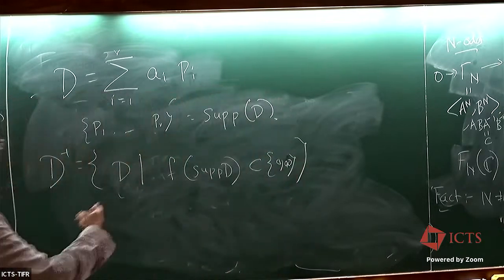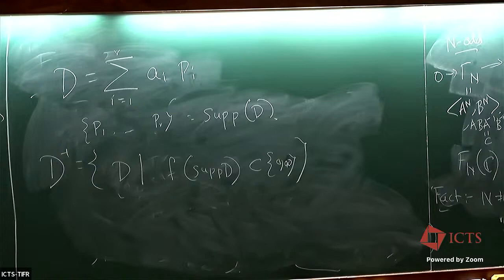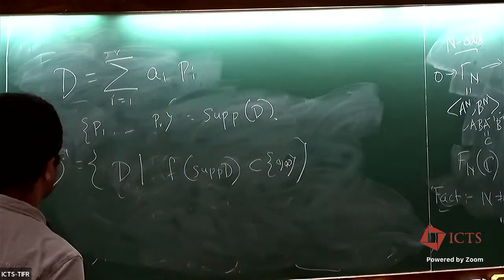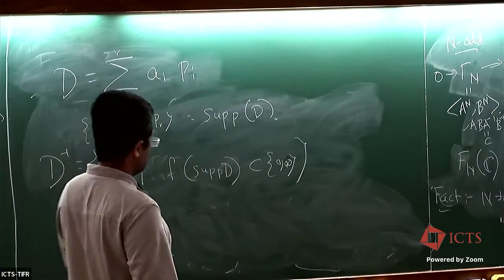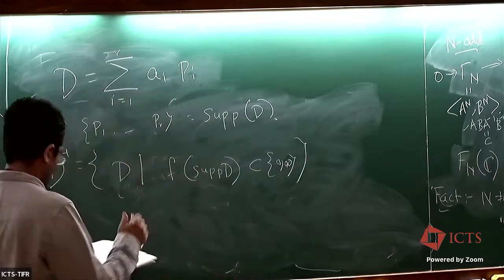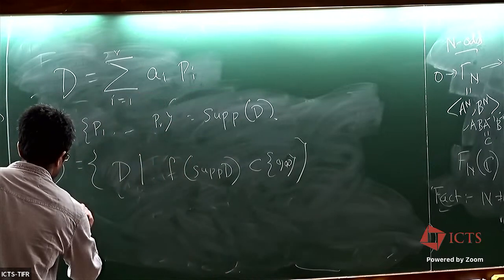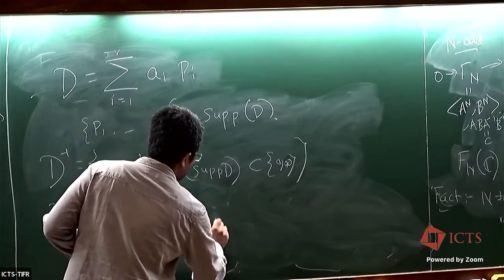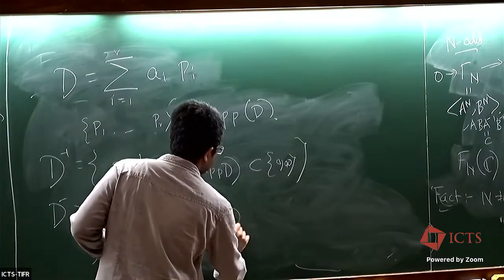The cusps are always lying over 0, 1, and infinity. So I just break these cusps into the set of cusps lying over 0 and infinity, and the other set of cusps lying over 1. So D minus D plus, the support of D containing 1.